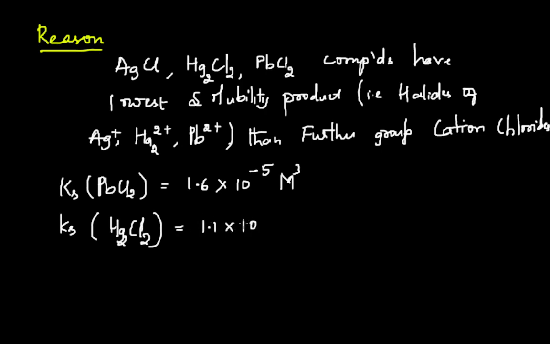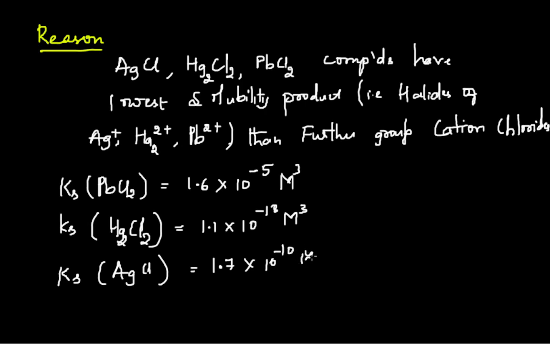You need not know these values, just it is for you to understand how low the values can be. AgCl, it is 1.7 into 10 to the power of minus 10. Okay, so since you see minus 5, minus 18, minus 10, which means they have a very small solubility product.